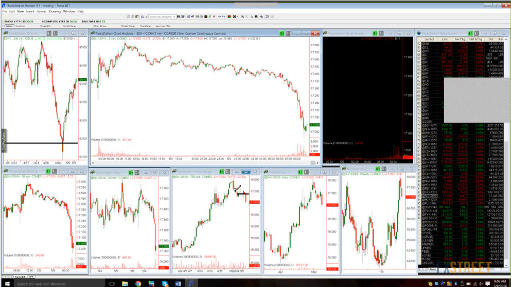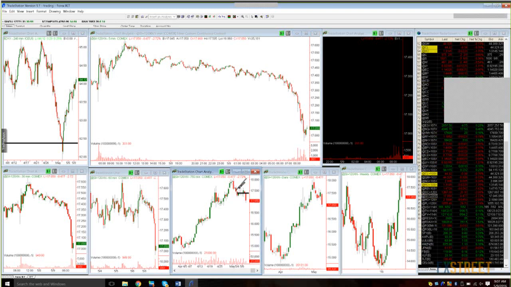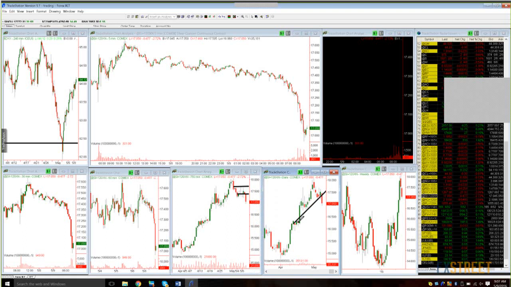There we go. Just this whole area up here. My lines are acting funny today, so all right, and then we would be looking for a move down to this level right here.